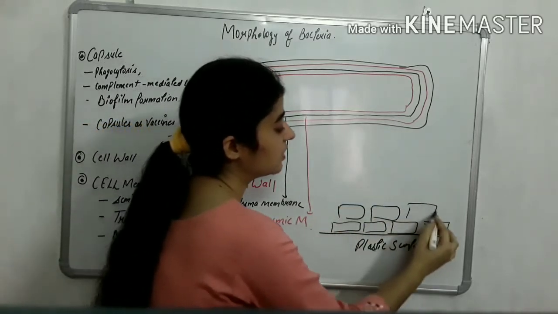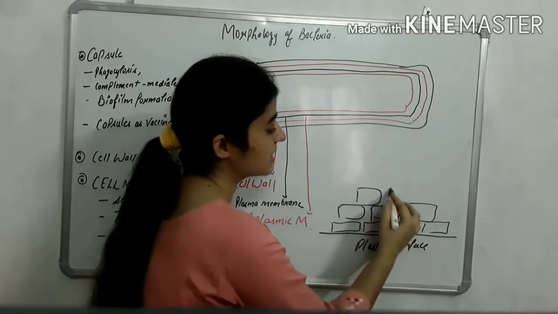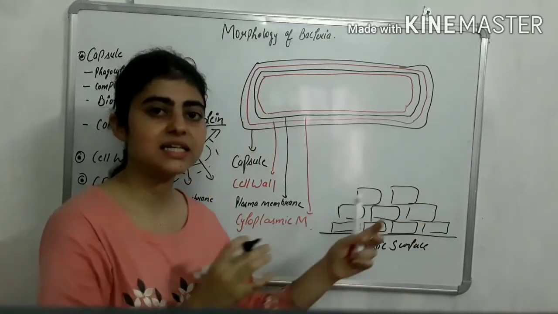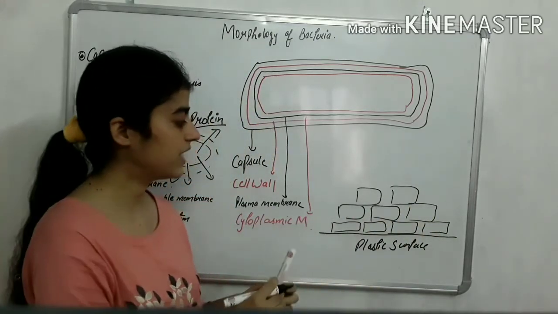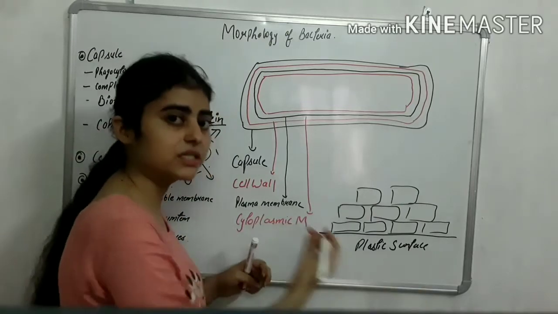When millions of microbes attach to the plastic surface, they start signaling each other to know whether more bacteria are present or not.